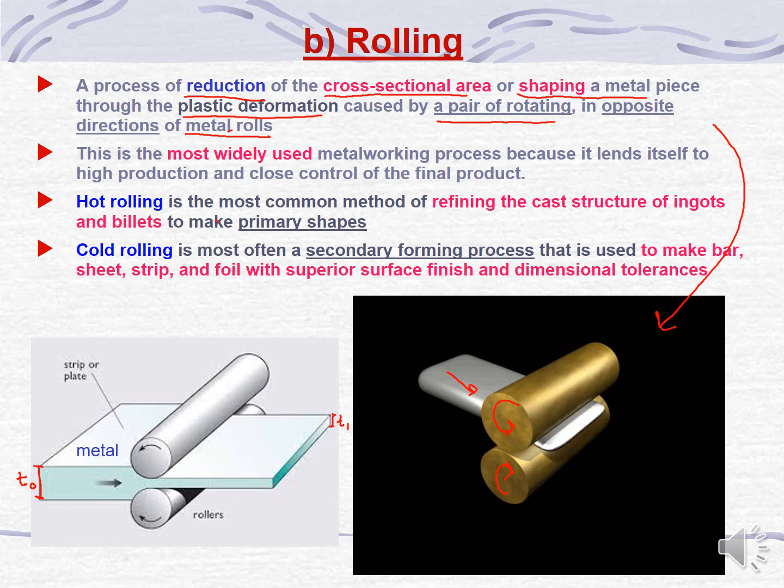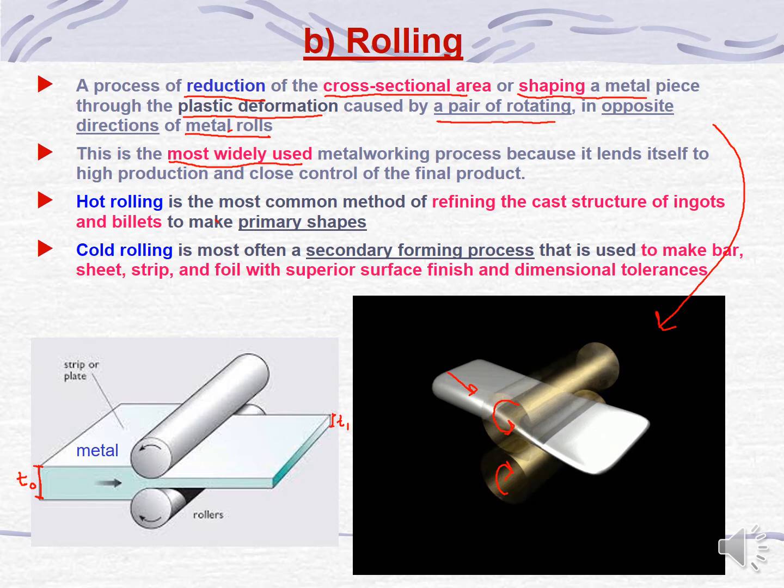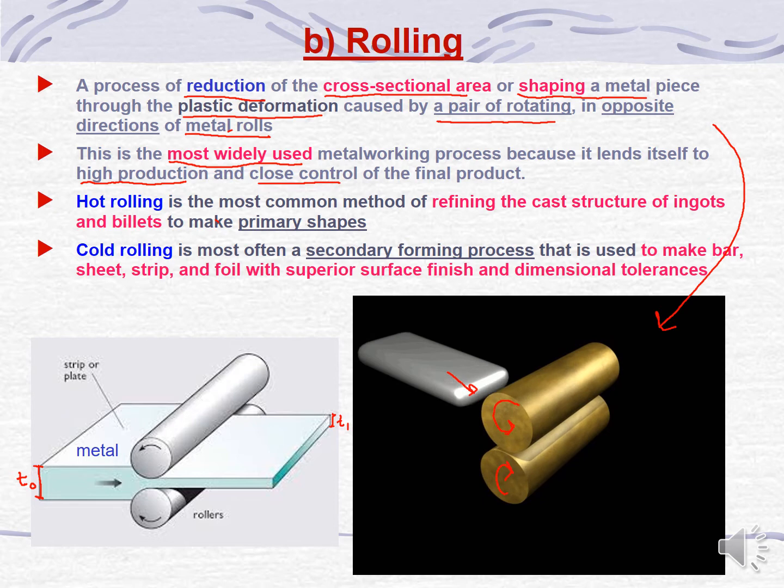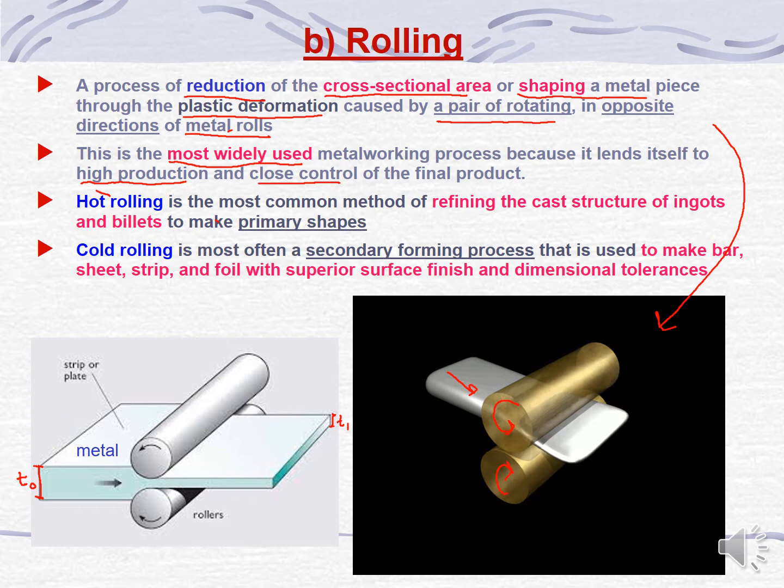Okay, this is the most widely used metal working process because it lends itself to high production and close control of the final product. There are two ways of performing this rolling process. It can be performed under hot condition and also cold condition.